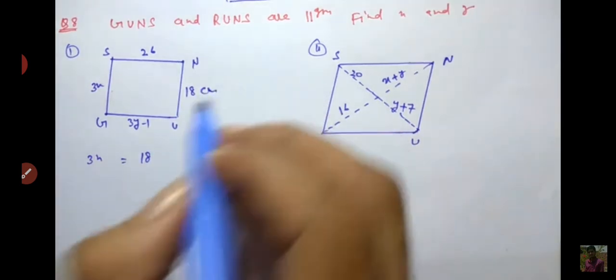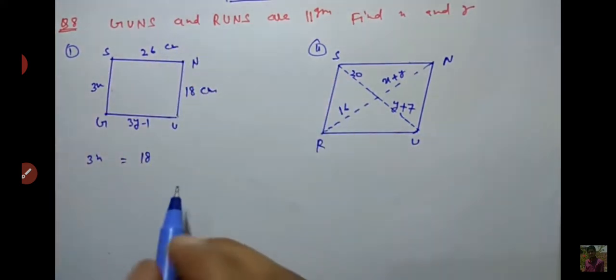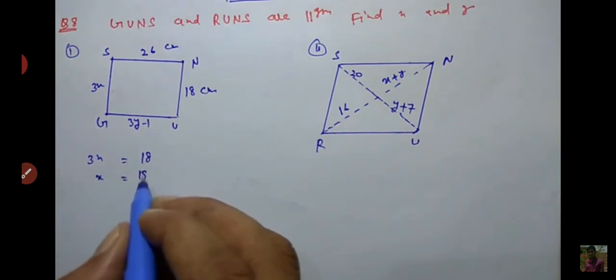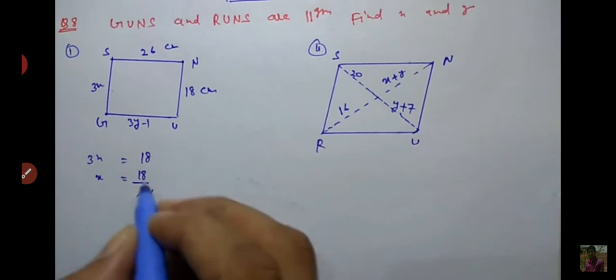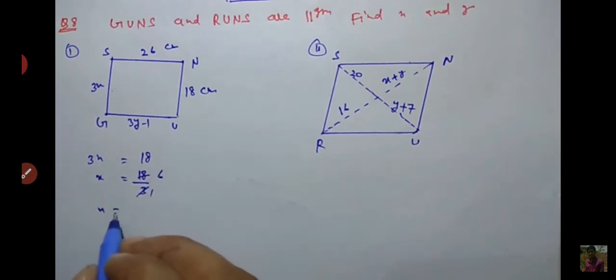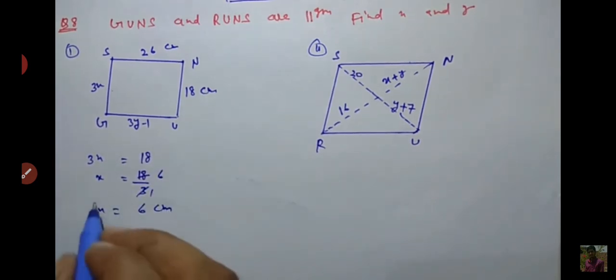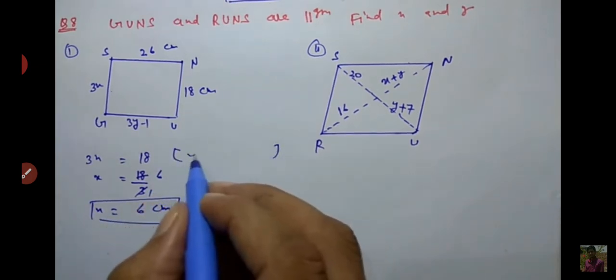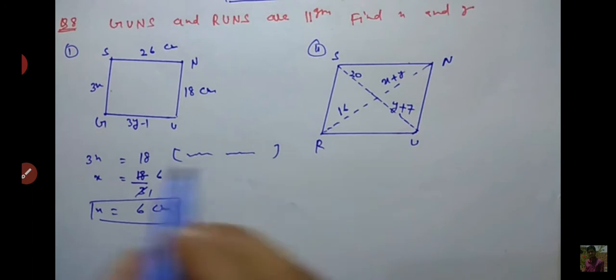So 3x is equal to 18 centimeters. So x is equal to 18 upon 3, that is 6 centimeters. So the value of x is 6 centimeters.